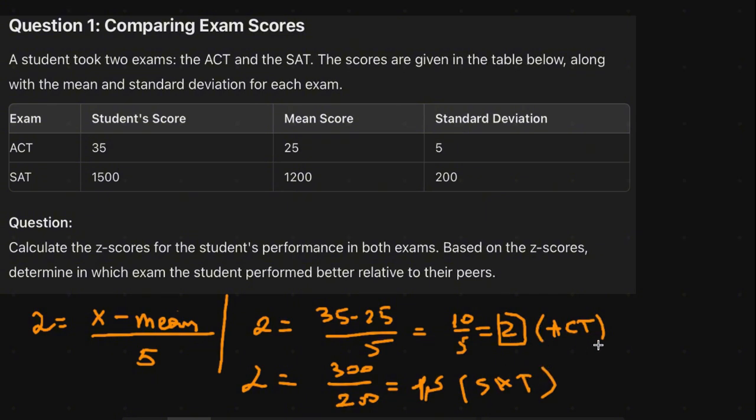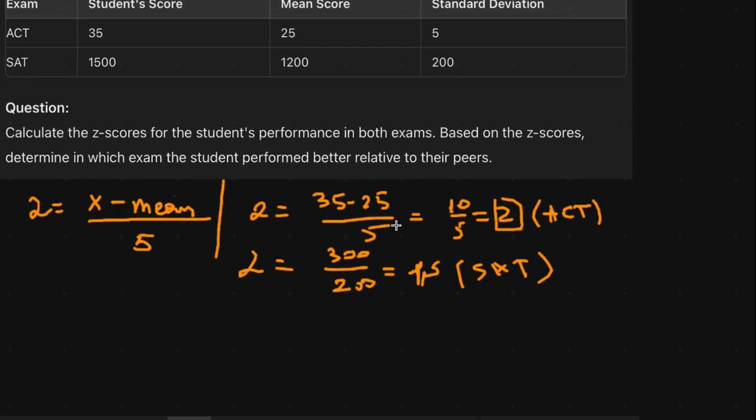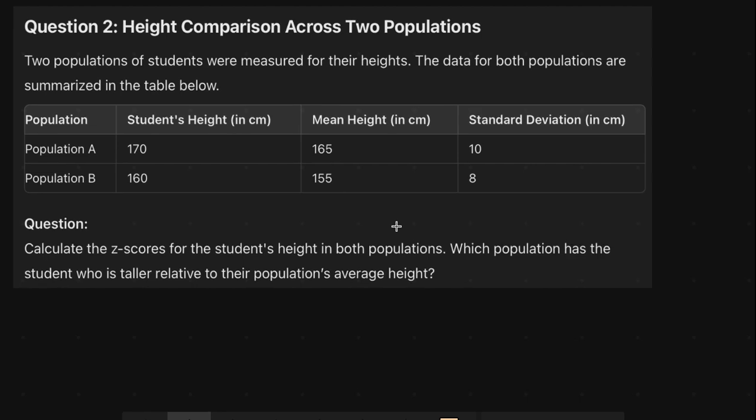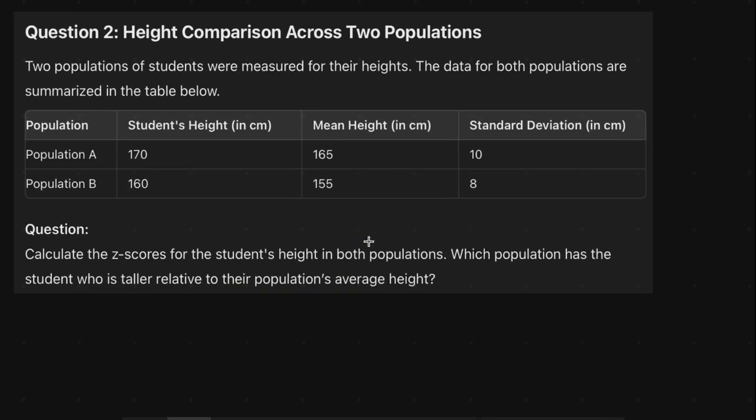That's the main conclusion, or comparison, that you can make from the data given to you. If we consider the next problem, we can see the basic imagery of what a z-score is and how it can play a crucial role when comparing two different data sets. Two populations of students were measured for their heights.